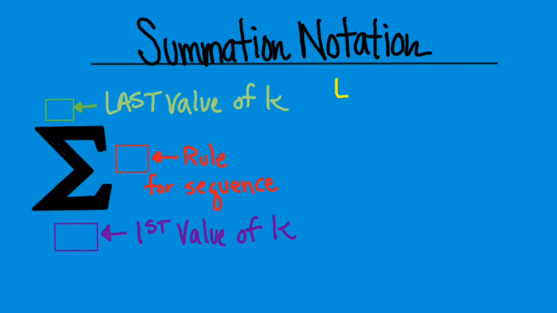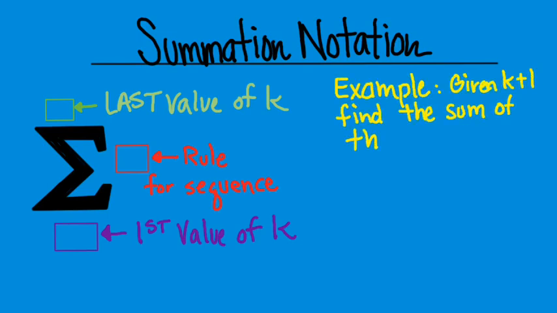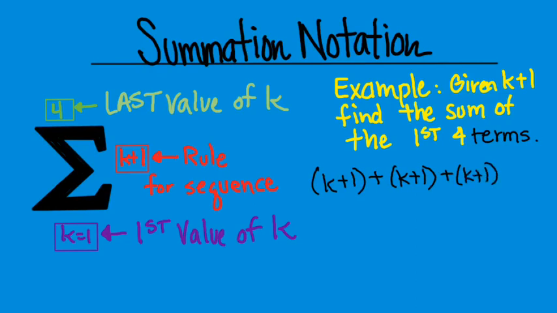Let's look at an example. If I give you the rule of k plus 1 and ask you to find the sum of the first 4 terms, I would put that my rule is k plus 1. My starting is the first step, and the last step I want to end on is 4.